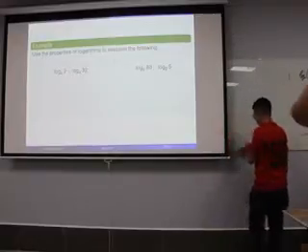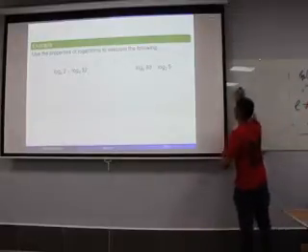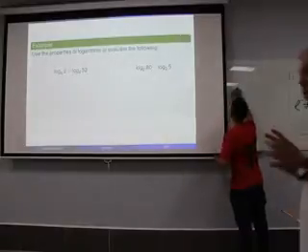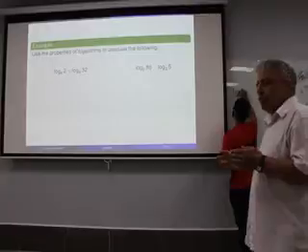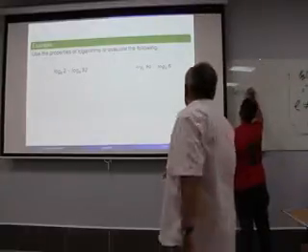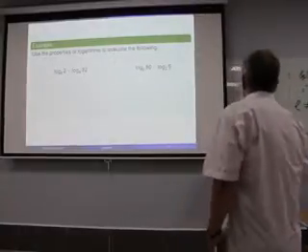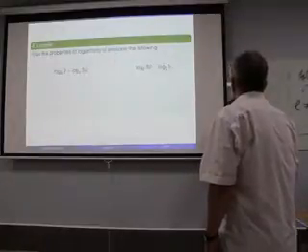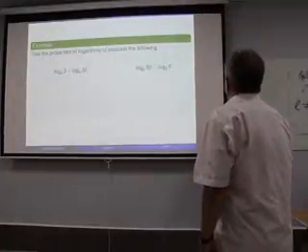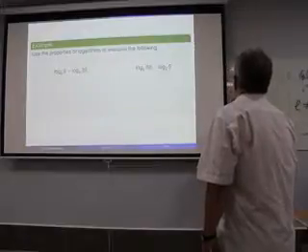Same base. 4, 4. So, we're going to use a rule in the opposite direction, from left to right. No, from right to left. Log 4 of 32 equals log 4.